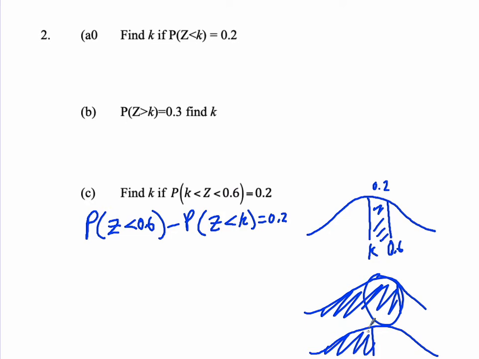We subtract those areas to get the area of this region. I'm going to rearrange this, because 0.6 is just a number we can get on our calculator and we're solving for k. So probability z less than k equals probability z less than 0.6 minus 0.2. Let's work that out on our calculator.